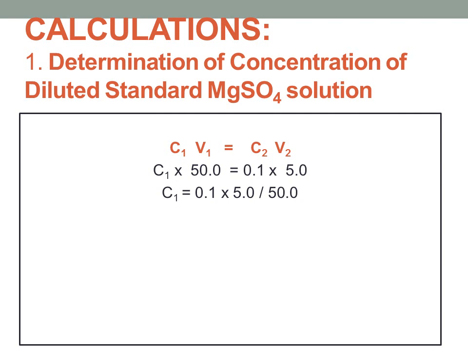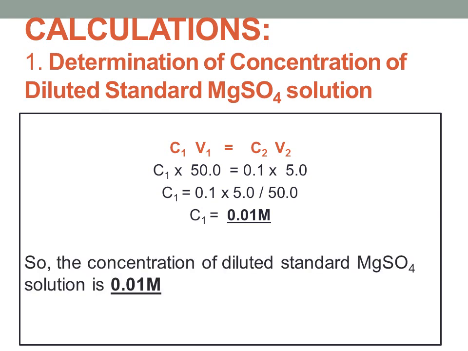By applying the C1V1 = C2V2 formula, you can easily find out the concentration of diluted standard magnesium sulfate solution. So after rearranging the formula, C1, the concentration of diluted standard magnesium sulfate solution, was found to be 0.01 molar.